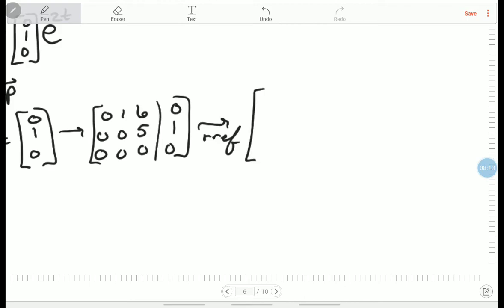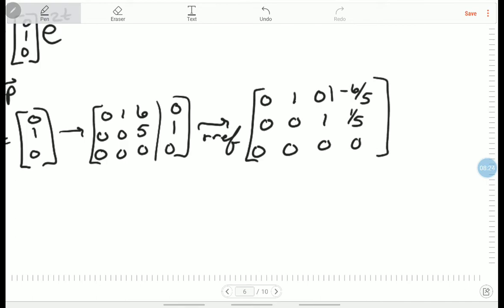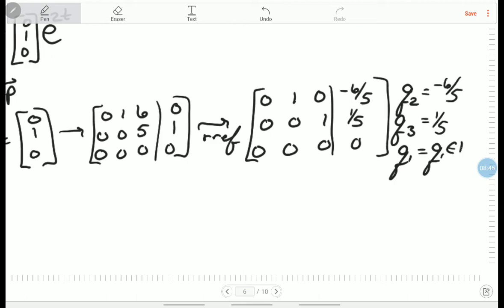And here's what I got. So what this tells us is q2 is negative 6 over 5, q3 is 1 over 5, and q1 can be anything.